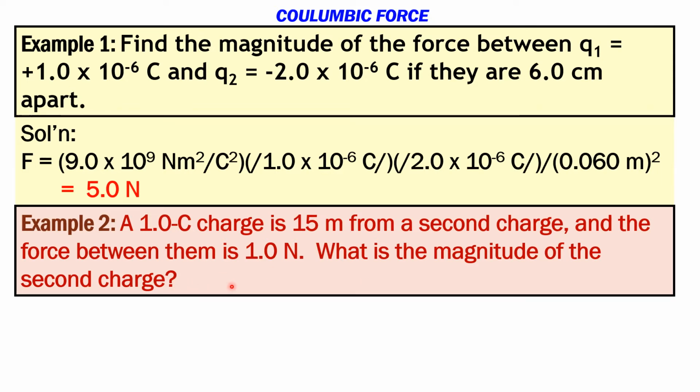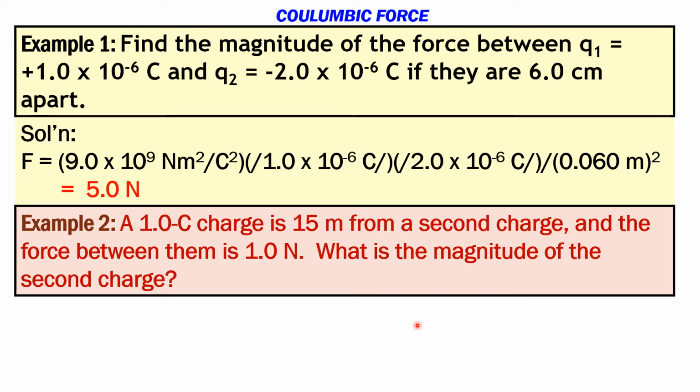This time around, we are given the magnitude of one charge, and the second charge is unknown, and we are asked to find the magnitude of that second charge given the separation distance between the two charges, which is 15 meters, as well as the magnitude of the force between them, which is 1 Newton.